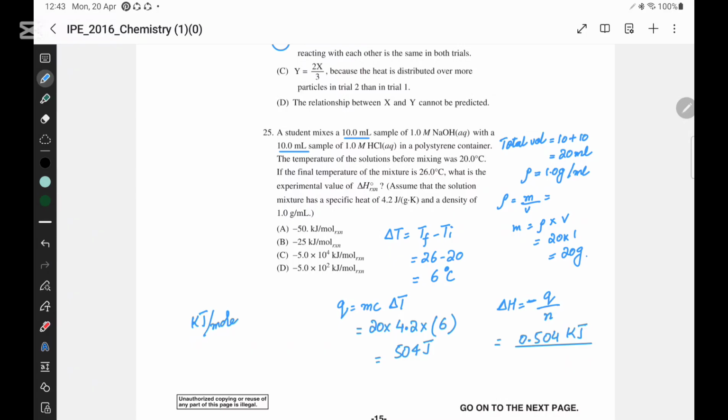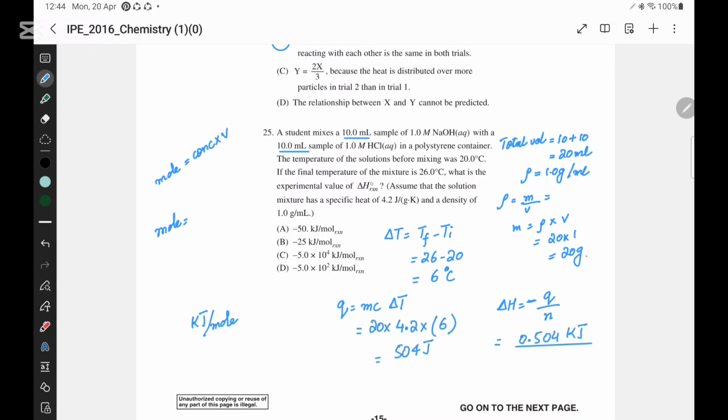We have calculated the mass, and for moles, mole of NaOH or mole of HCl, they are the same. So what can we do? Mole is equal to concentration times volume.